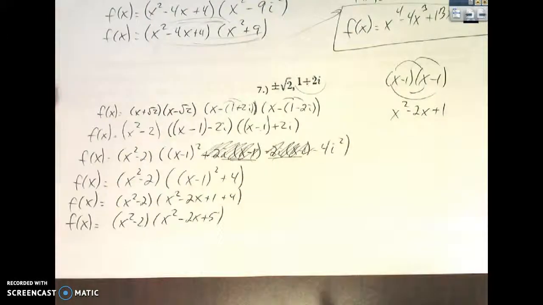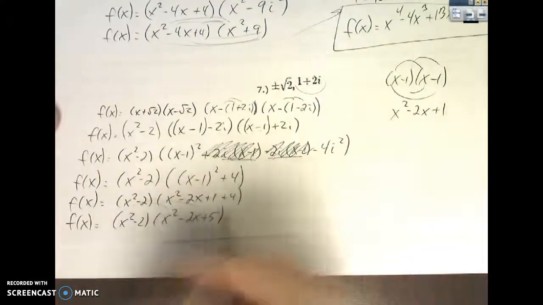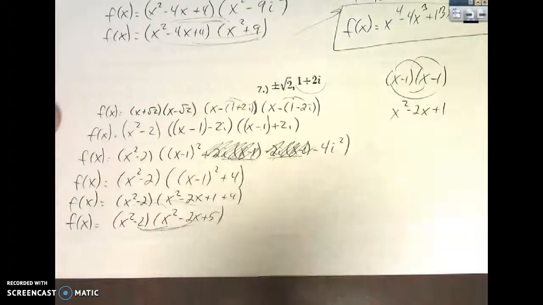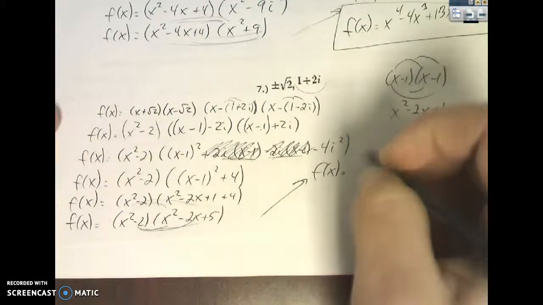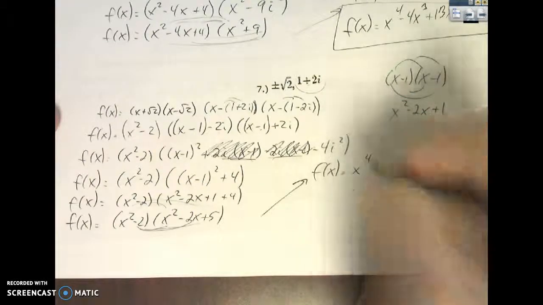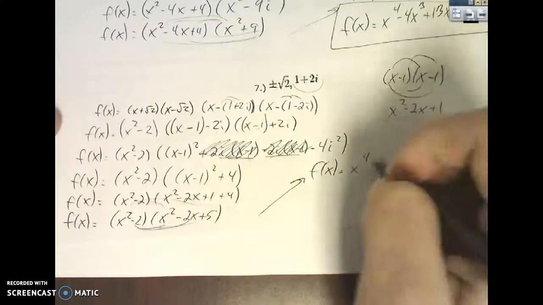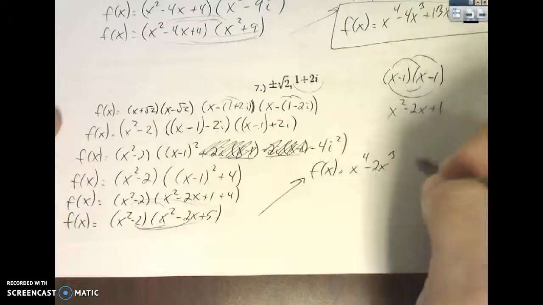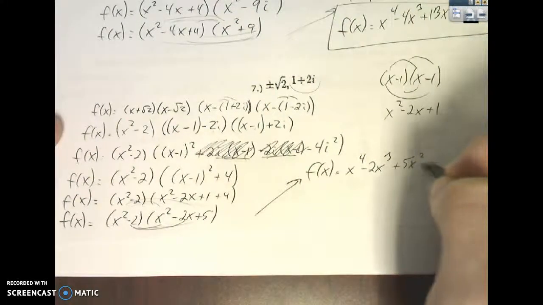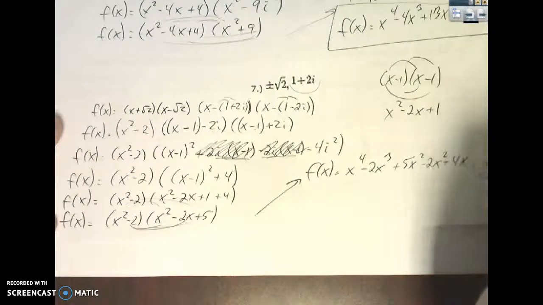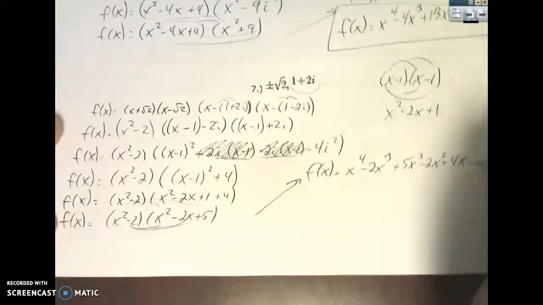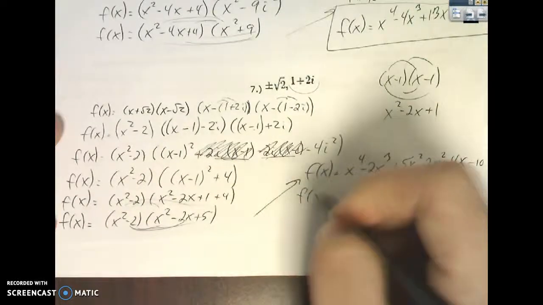Kind of cool. And finally, after all that, we just do one last little round of multiplying across. I'll bring it over here. Let's see, x to the fourth minus 2x to the third plus 5x squared minus 2x squared plus 4x minus 10. And combine last like terms.